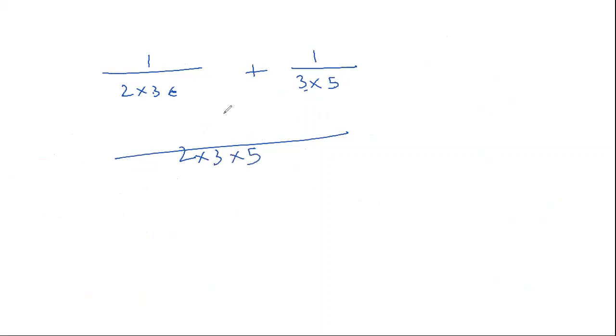This is your LCM, which means we have to make the denominators of both the same, 2 into 3 into 5. So here you multiply by 5, and here you multiply by 2. So the denominators of both become the same. The denominator is 2 into 3 into 5 and the numerator is 5 plus 2. This is what is known as LCM. LCM means make the denominator same.